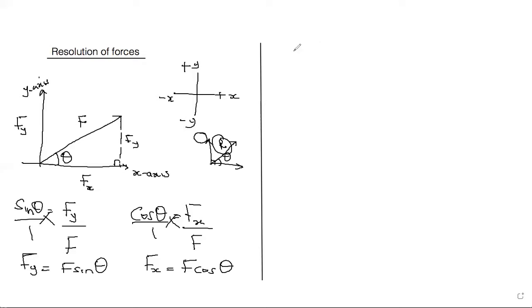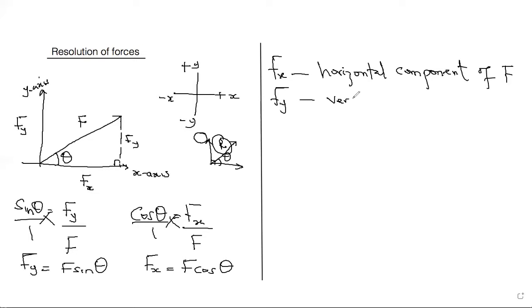So Fx is the horizontal component of the force F, and Fy is the vertical component of F. That's the contribution of this force along y, and this is the contribution of this force along x.